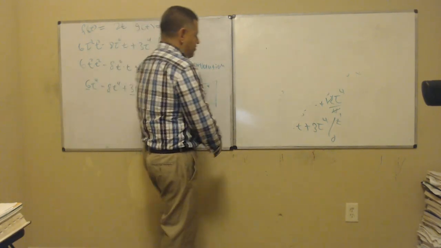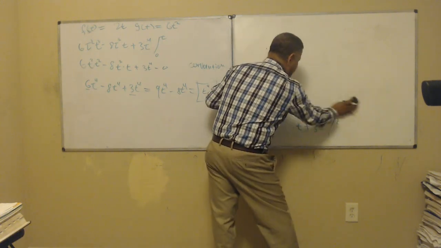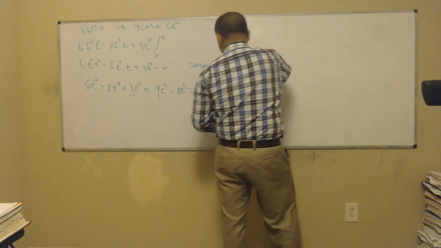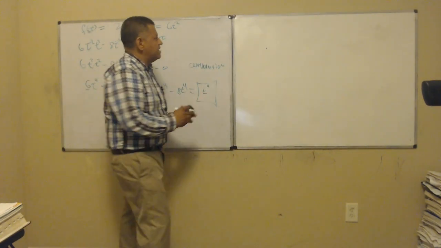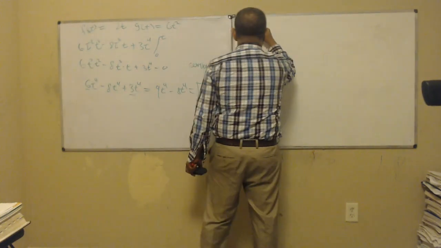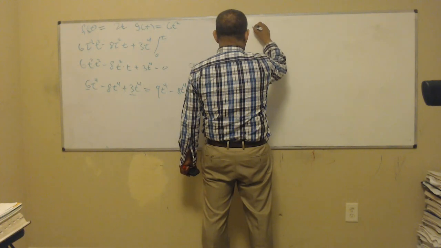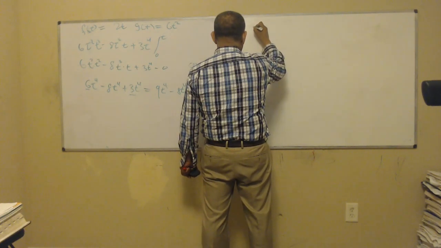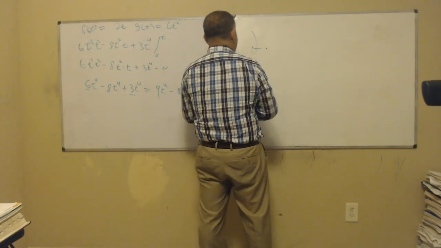Now, we need to verify that it is equal to the Laplace transform of the two individual ones. So first we will take just the Laplace transform of this, the Laplace transform of t to the fourth.